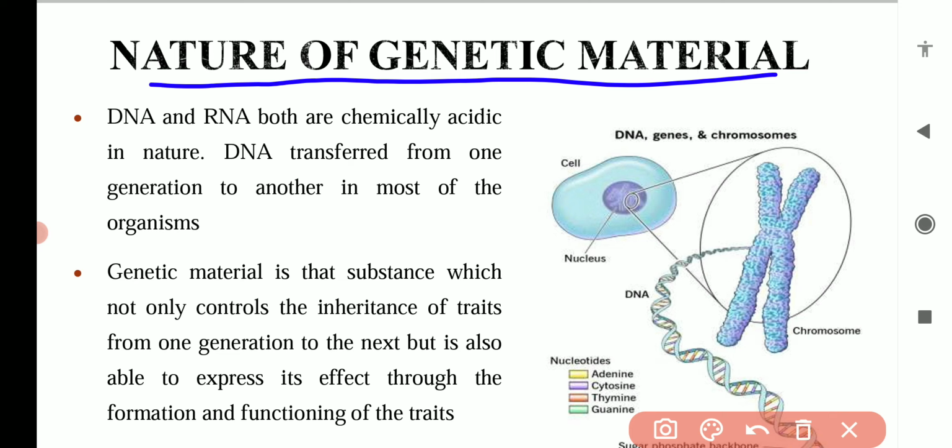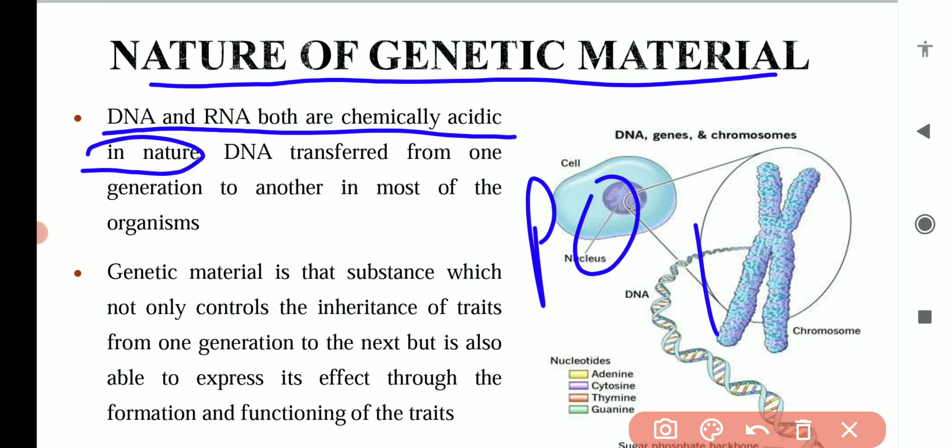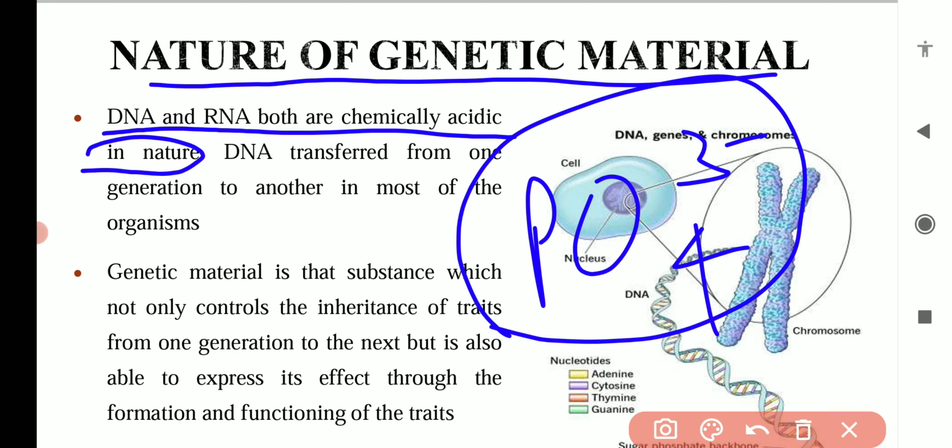If we talk about its chemical nature, DNA and RNA both are acidic in nature, because a phosphate group is present, we can say PO4 3 negative. This is present in the basic structure of DNA and RNA. So that's why DNA or RNA is chemically acidic in nature.